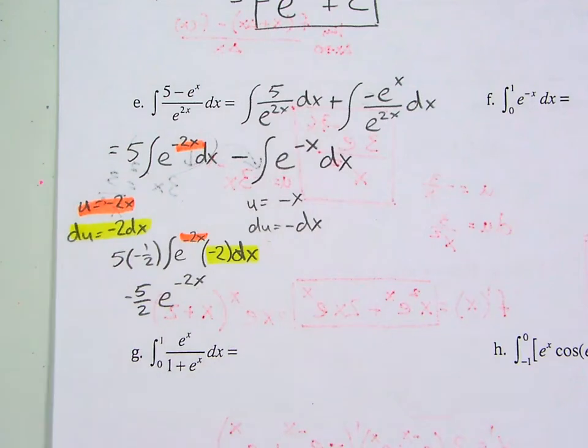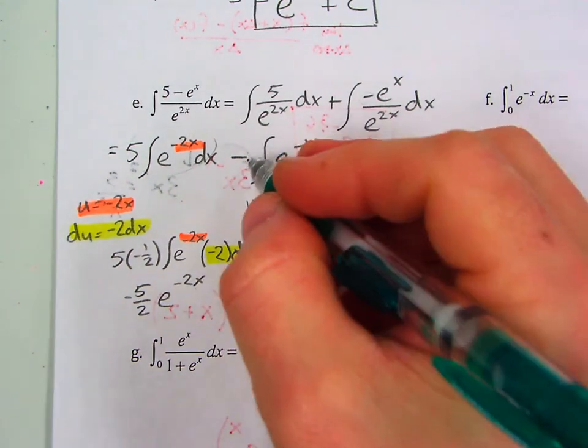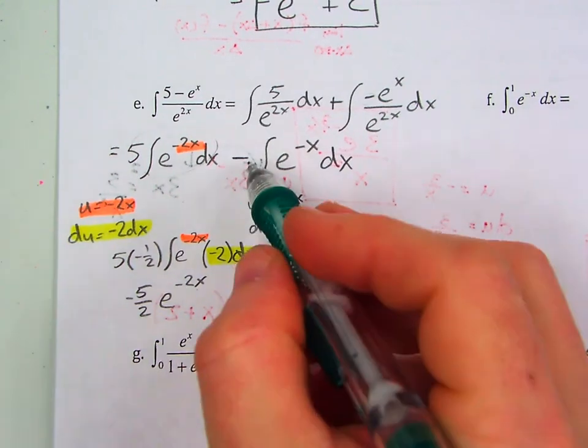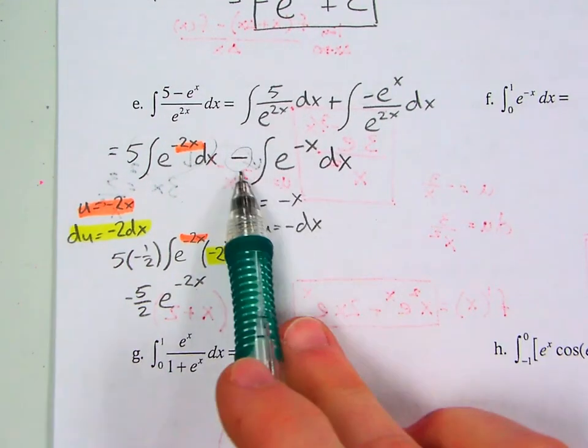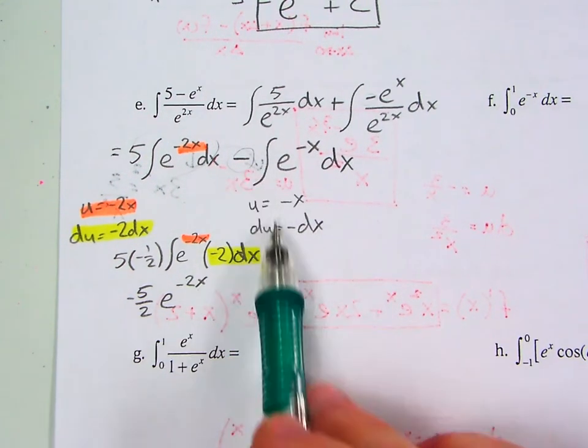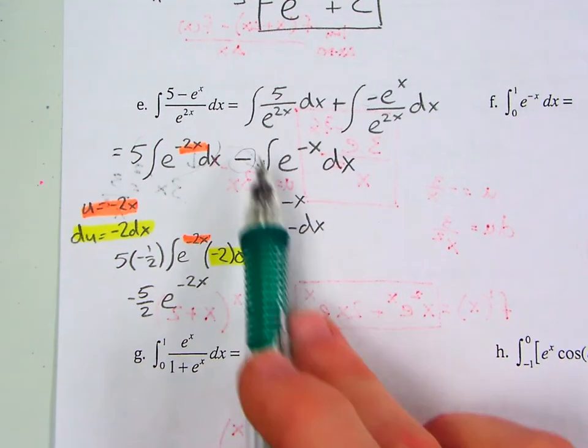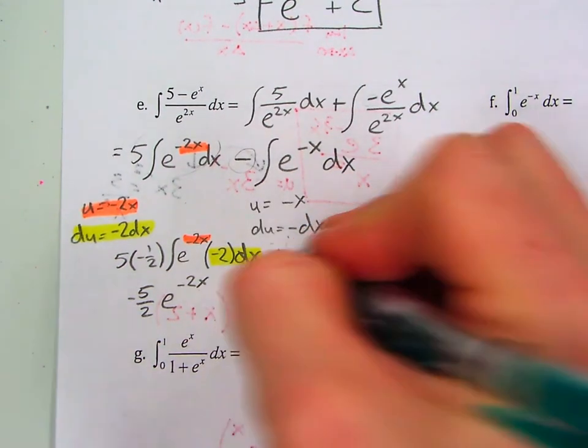So here we just have to add a negative in. If we already have a negative out in front, and we need to multiply by a negative, it's just going to change it to a positive. Good.